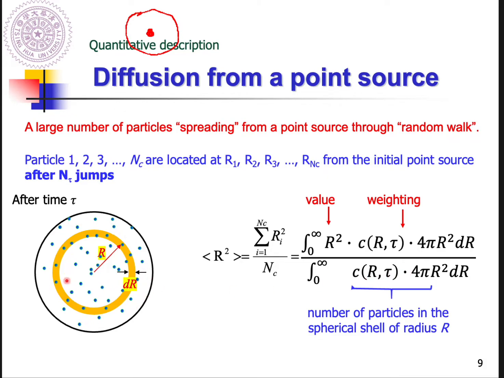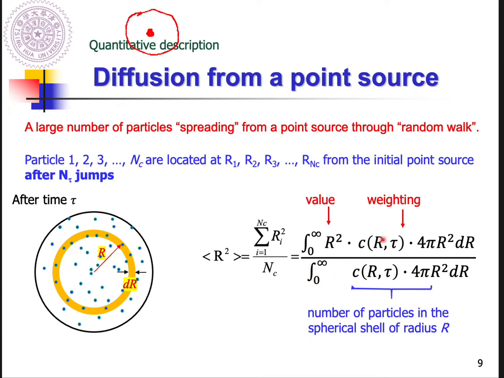This is a 3-dimensional ball, so you multiply by 4 pi r squared dr and integrate from 0 to infinity, then you can get the total number N_C. You can consider 4 pi r squared dr as a shell of this ball: the surface is 4 pi r squared, and the thickness is dr. Then you integrate r from zero to infinity, and you get the total number N_C.